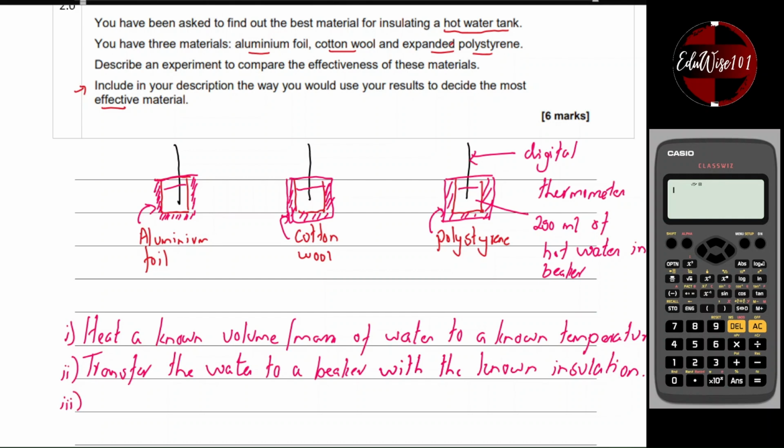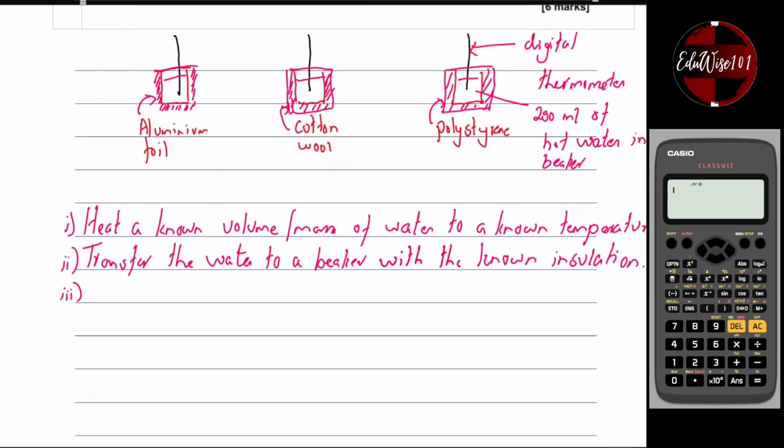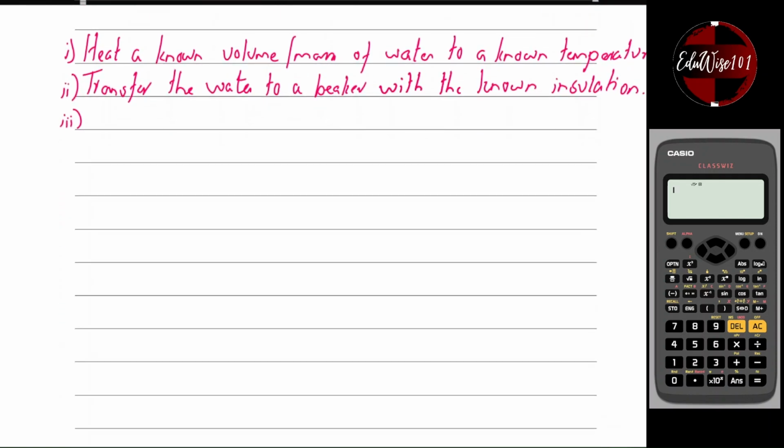Third point, let me bring down the screen so it's easier to write. Cover the beaker with the insulation. So if you're using aluminium, you're going to use aluminium foil to cover the beaker, or if you're using the wool, you're going to cover it with the wool as well.